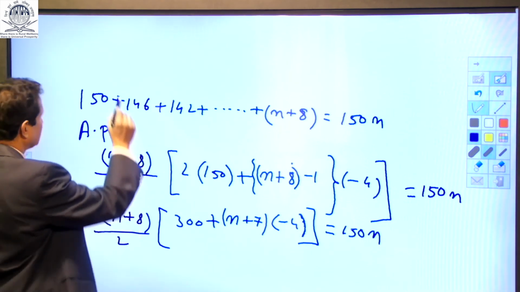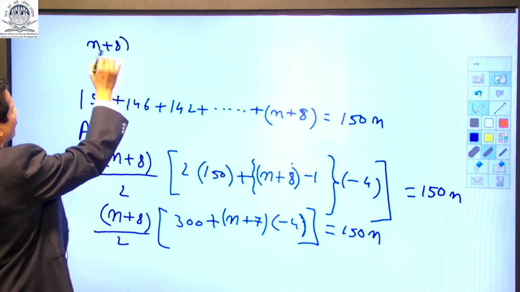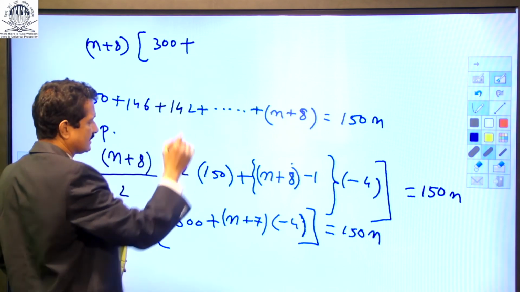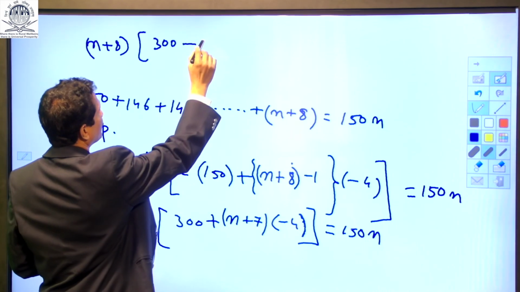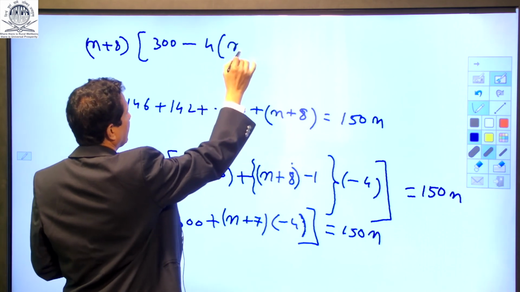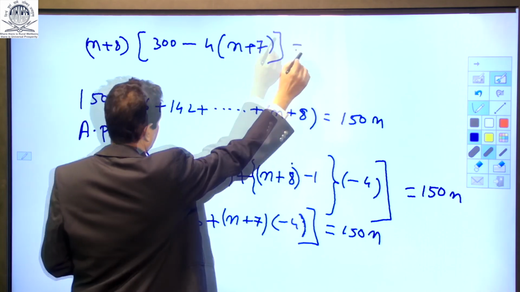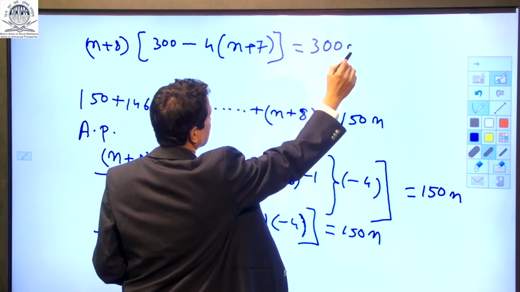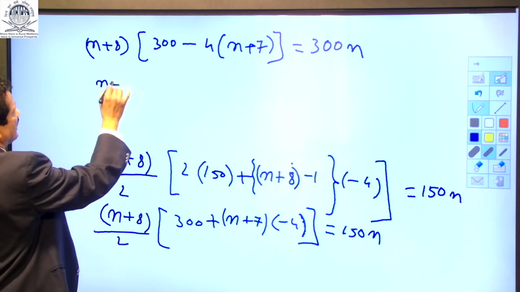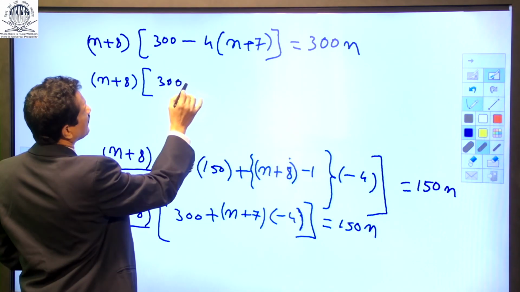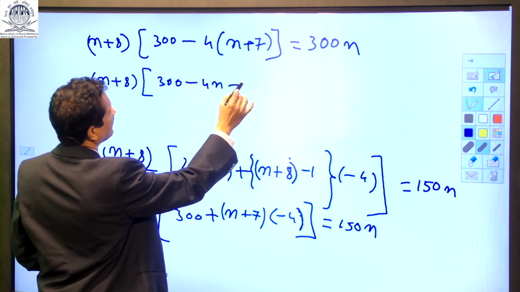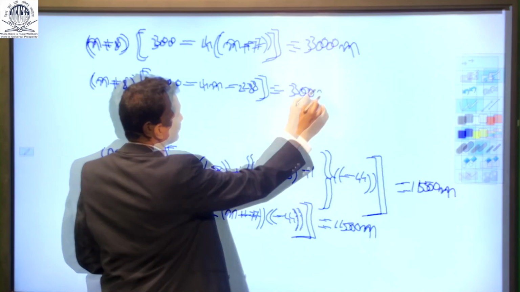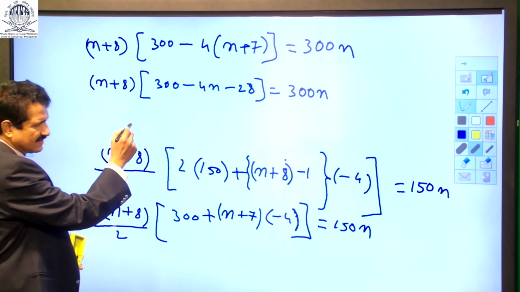This comes to n plus 8 into 300 plus, minus into plus is minus 4 into n plus 7. Taking this to the other side, it gets multiplied here. 150 into 2 is 300n. This is n plus 8 into 300 minus 4n minus 28 is equal to 300n.